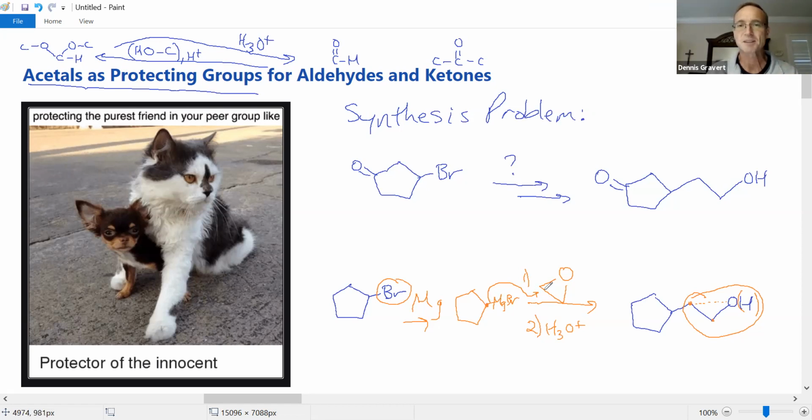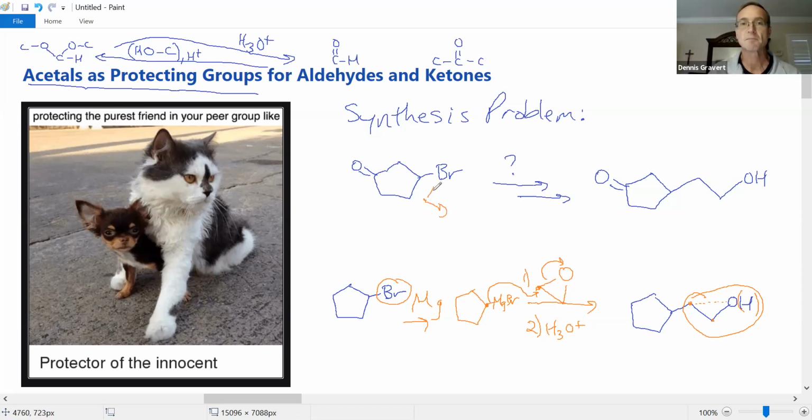The Grignard carbon adds to this one, opens up the ring, and then we have an oxygen, and we add the acid to put the alcohol in place. So pretty straightforward. Just 3 reagents: magnesium, epoxide, acid. Done.